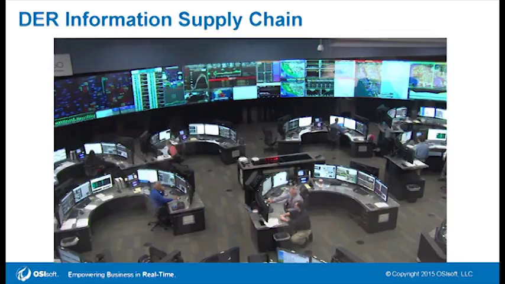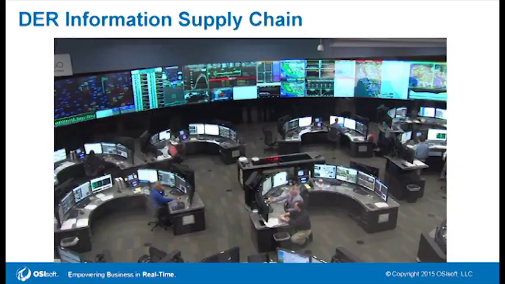You can see they're keeping track of weather and demand. This is one of the control centers for the Western interchange, yes. So this is just for California.